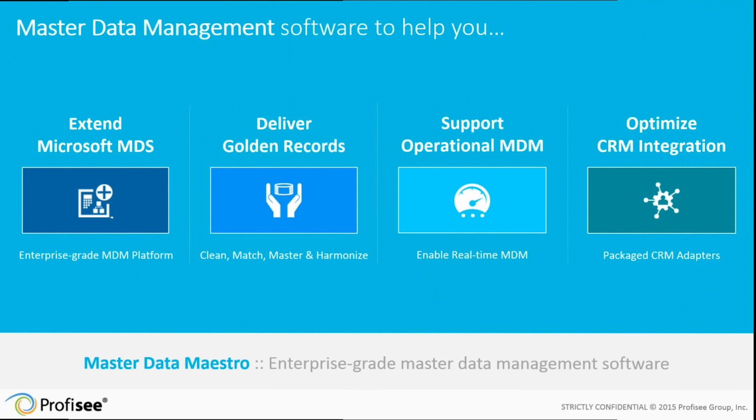And we do that in a number of different ways, and some of that is enabled through our adapters. Tim's already mentioned the fact that we have adapters that support things like Salesforce and Dynamics CRM.